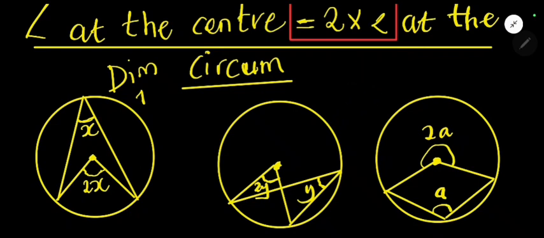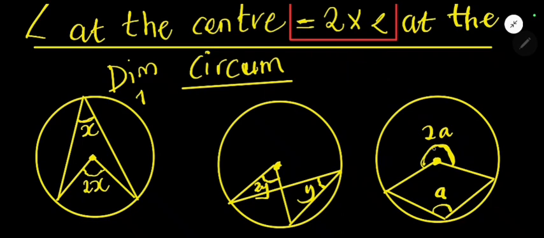And on dimension 3, or the third version, the angle at the center there is outside our shape. So the shape that we are having on the third dimension is that one. And the angle at the center is outside like that, and the one at the circumference is inside like that.